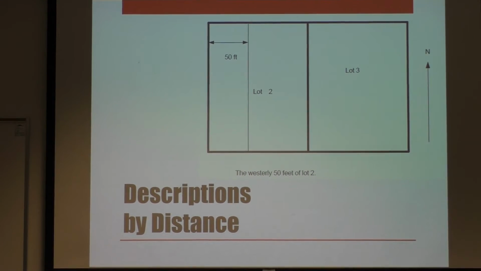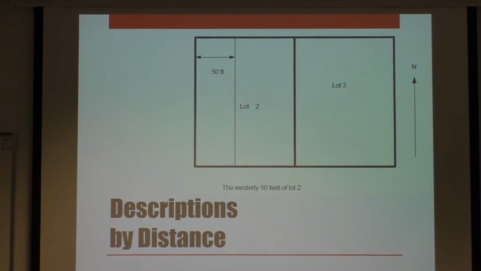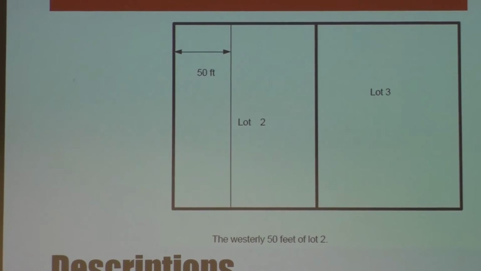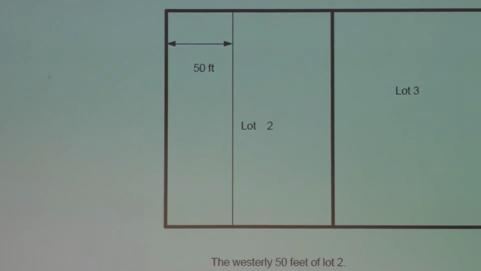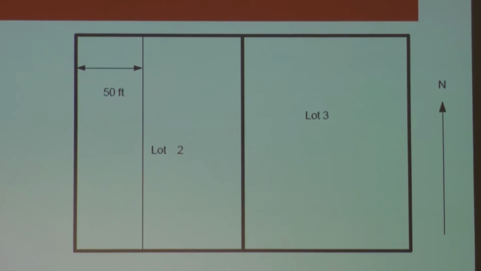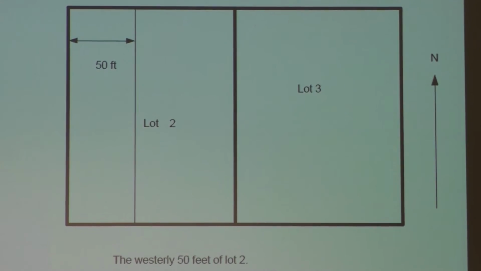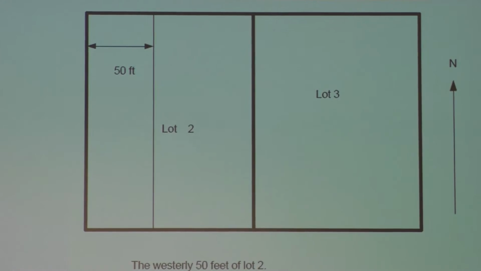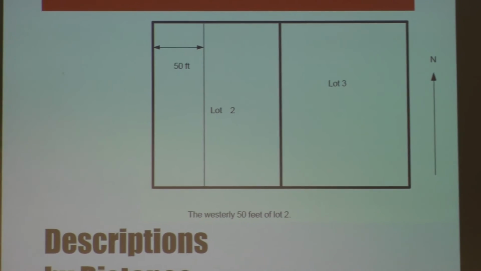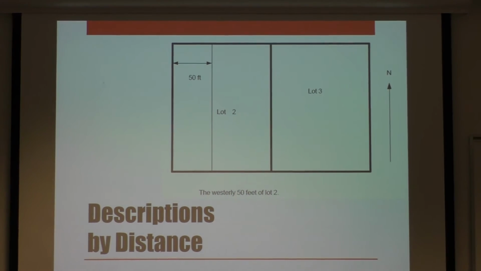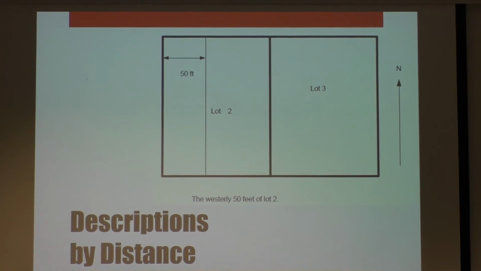And this one is very common, and it's very common today. I will sell off 50 feet of my property for whatever reason to someone, and then my deed will go on and say, lot such and such except for the east or west 50 feet of the property. Now, what happens in this case is that when they start selling these properties over time, and as people take smaller chunks or annex other pieces of property or put two pieces together, the deeds start to get longer and longer.